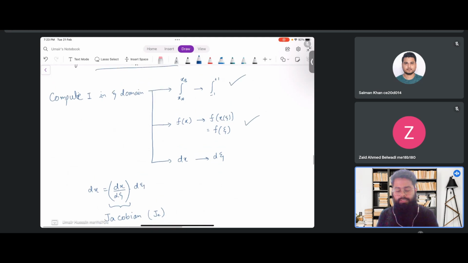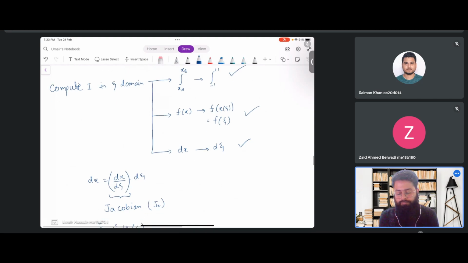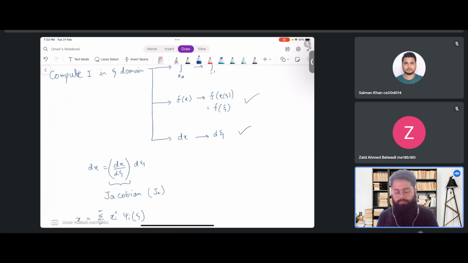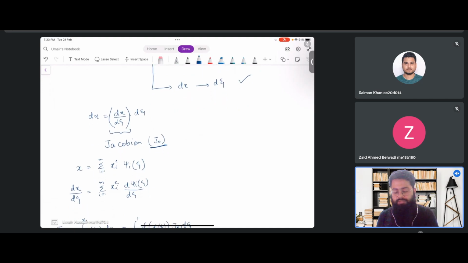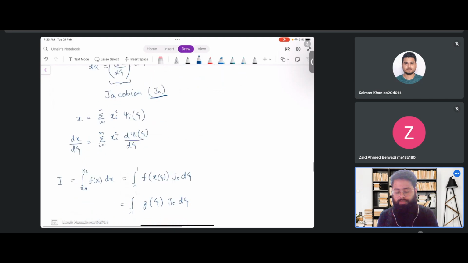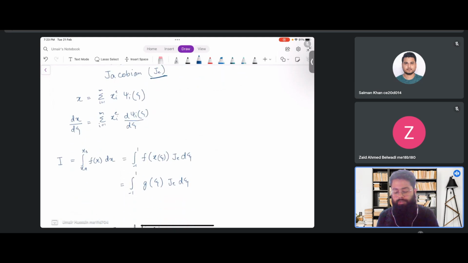We change the integral from dx to d zeta, the variable of the natural coordinate system. This replacement is done by introducing a term known as the Jacobian. If we know the mapping function, then we can get the Jacobian. So our problem gets transformed to this.